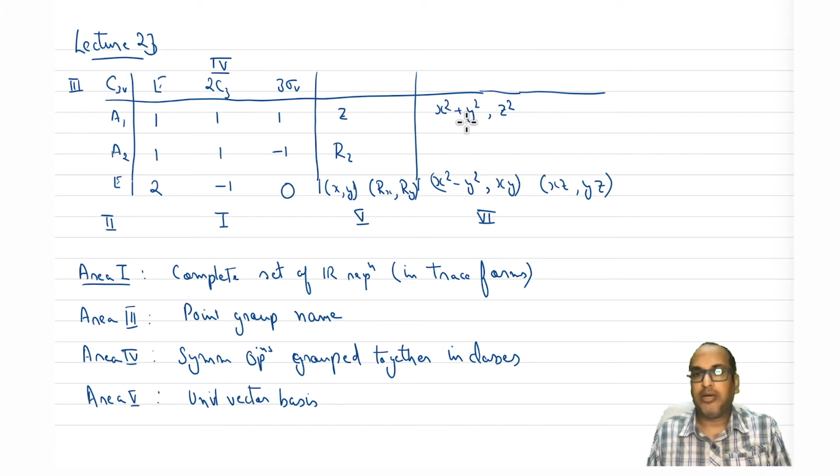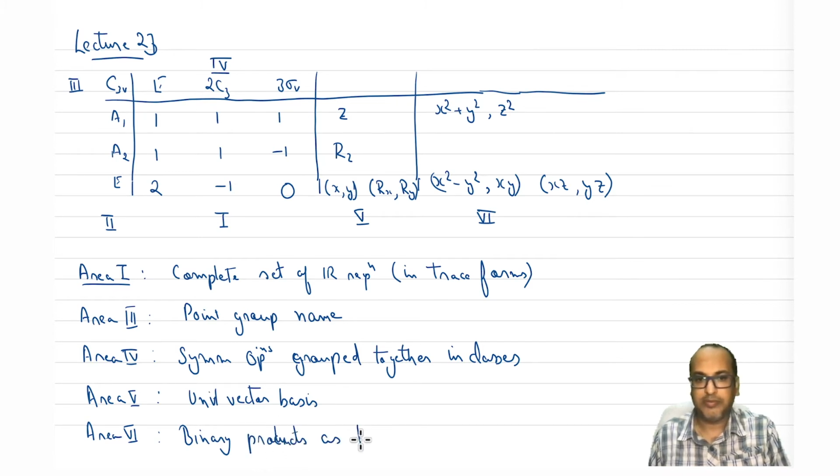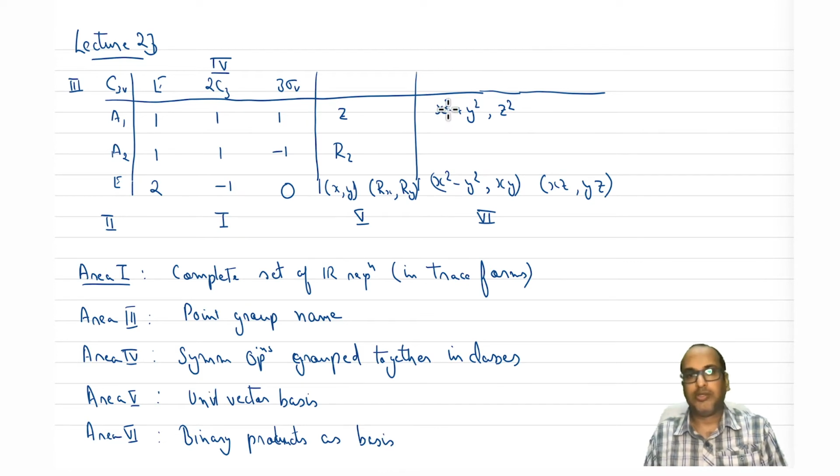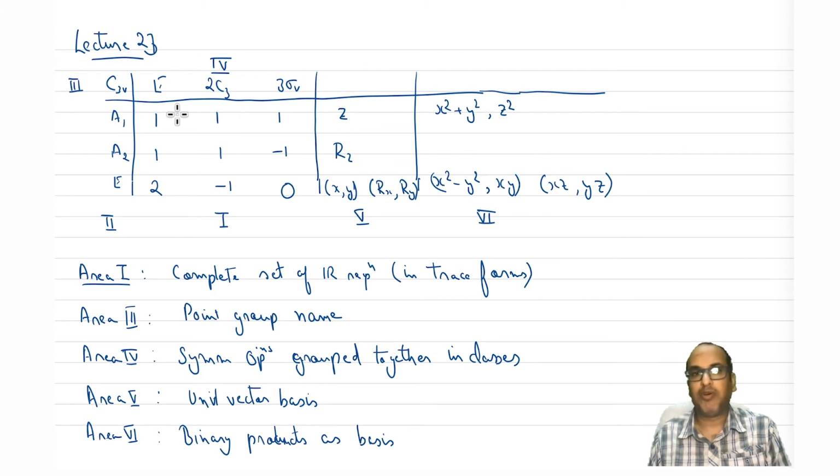Now these are unit vector bases, and area 6 is binary products as basis. If you take x square plus y square, it will form a basis same as z.